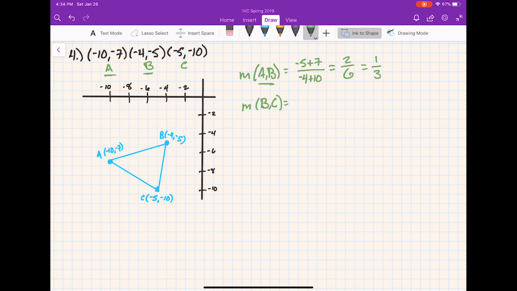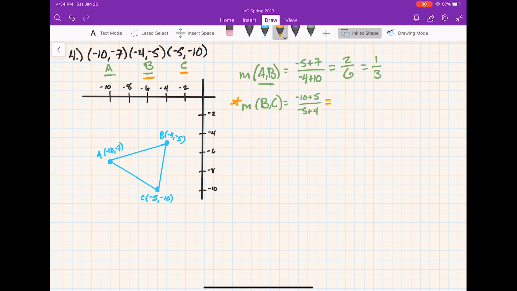So this guy here is going to be negative 10 plus negative 5. I'm sorry, minus negative 5, so it turns into a plus. And on the bottom, we got negative 5 plus 4, and that's these 2 points right here. So I should have changed the whole color, but I'll just star this one so you kind of know that's where I'm getting this from.